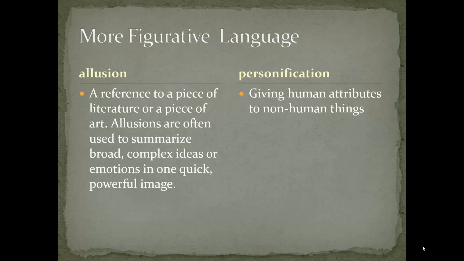More figurative language. Allusions in poetry, it's a reference to a piece of literature or a piece of art. Allusions are often used to summarize broad, complex ideas or emotions in one quick, powerful image. So you could allude to a scene in Hamlet. You could allude to a scene from The Walking Dead.